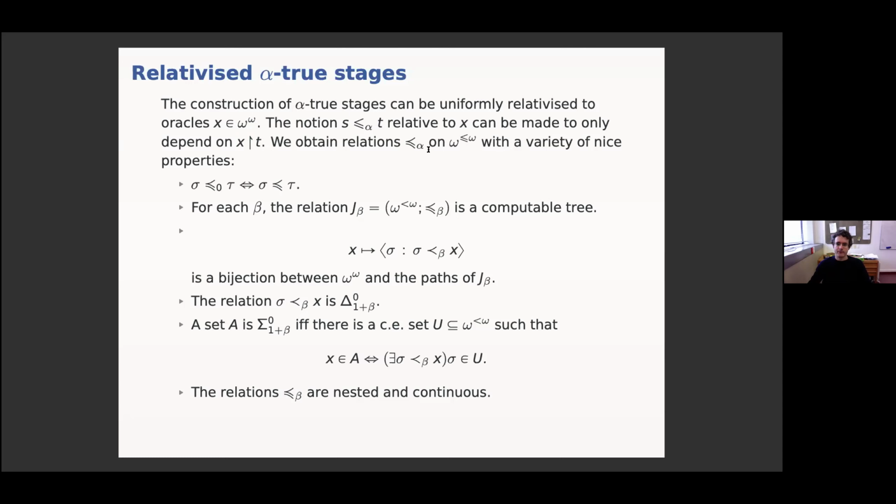So sigma appears alpha true at stage tau if tau is an initial segment of an oracle, sigma is an initial segment of tau, and for any oracle x extending tau, the length of sigma appears true at the length of tau.